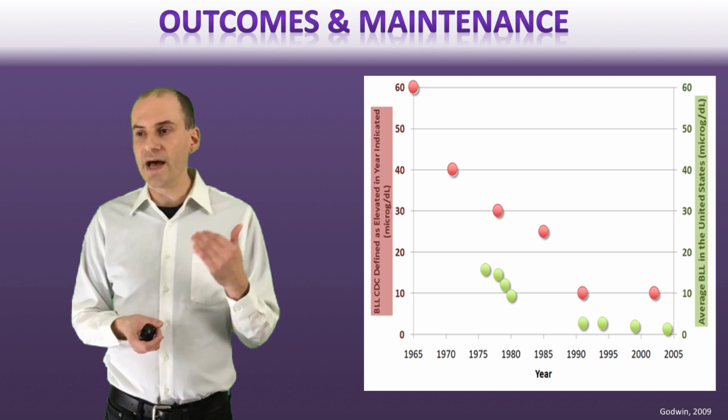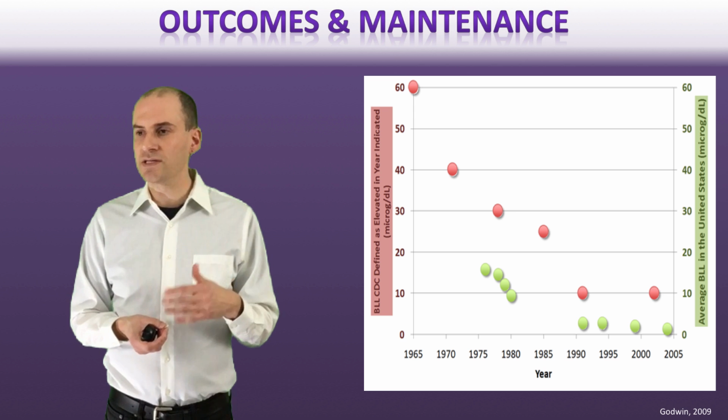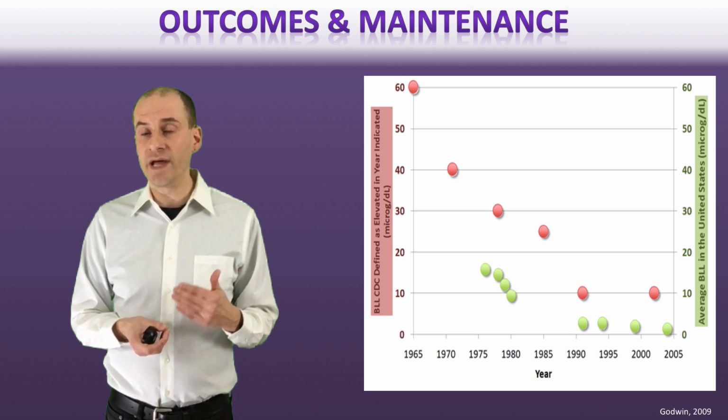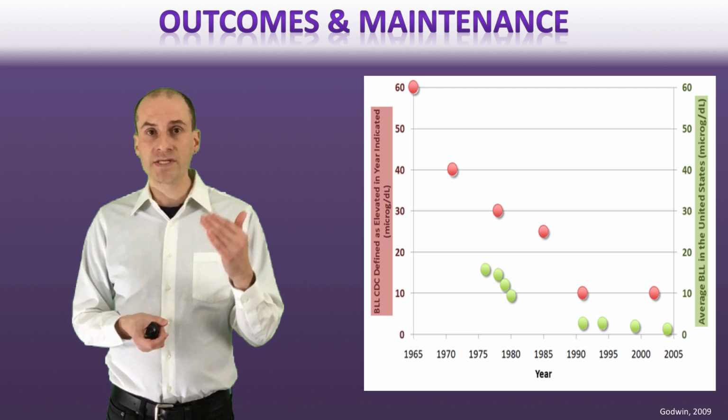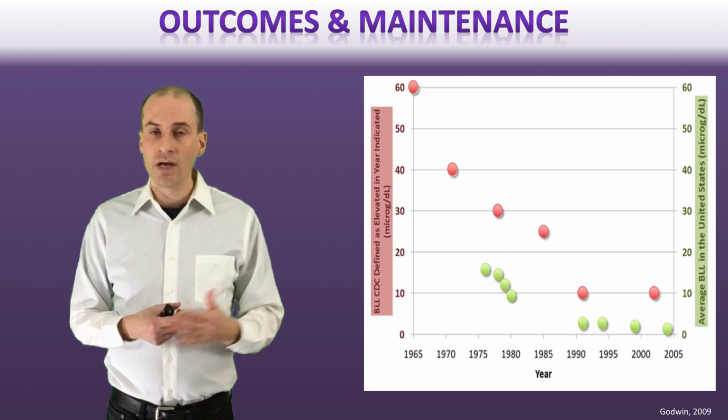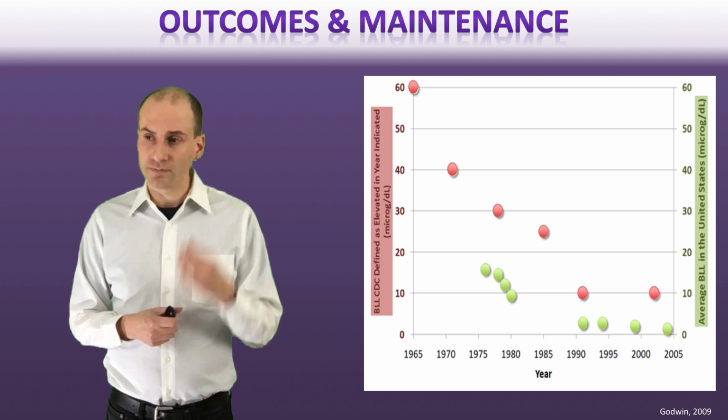They lowered that down into the 20s and 30s. And then by 1990, they lowered that threshold down to 10 micrograms per deciliter. So we're seeing that these rules about allowed blood levels went down and down.